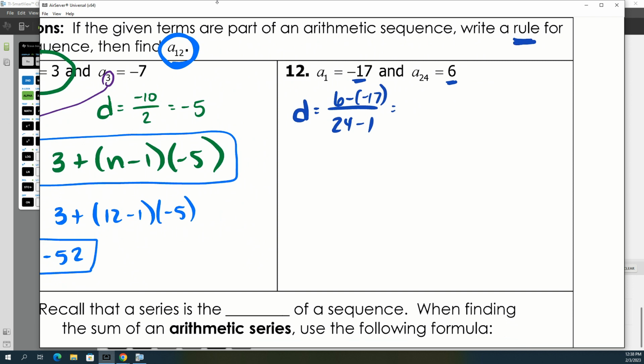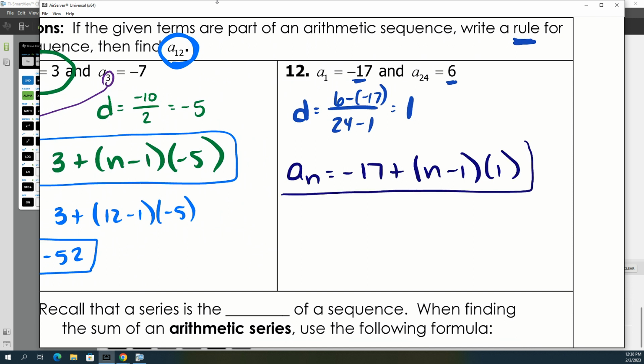All right, and so what this ends up giving you, if you typed in the calculator, is 23 over 23, which is just 1. Okay, so when it tells you to write the rule, that's the a sub n equals the first term plus n minus 1 times the common difference. So I do want to see that.